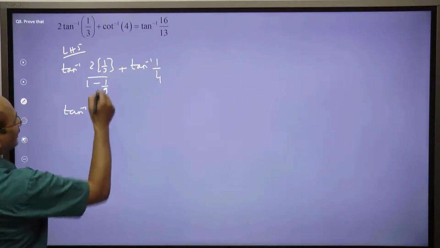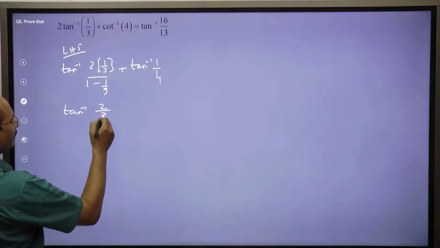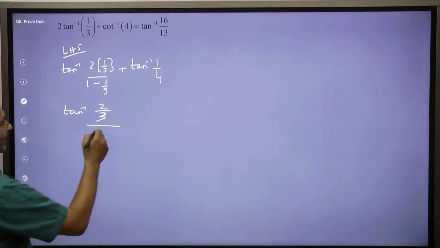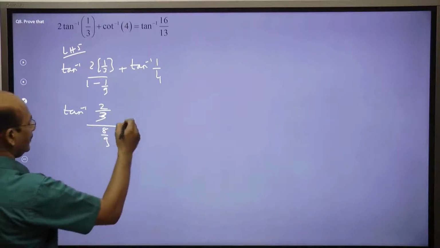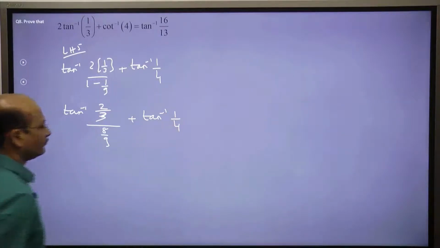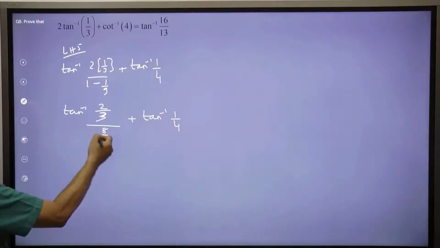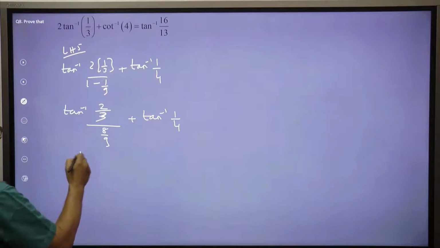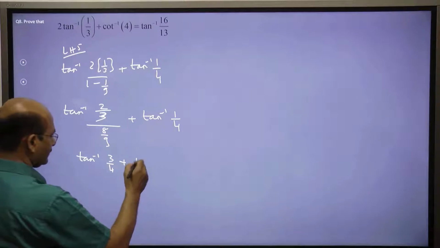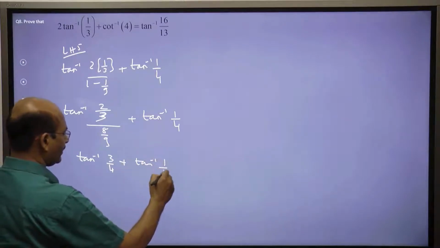That is tan inverse 2 upon 3 upon 1 minus 1 by 9 is 8 by 9, plus tan inverse 1 by 4. So I think 2 4s are 8, 3 3s are 3 by 4. So this will be tan inverse 3 by 4 plus tan inverse 1 by 4.